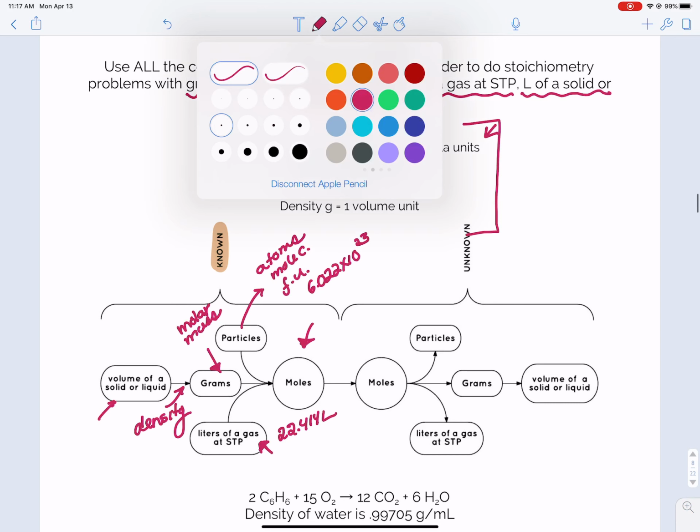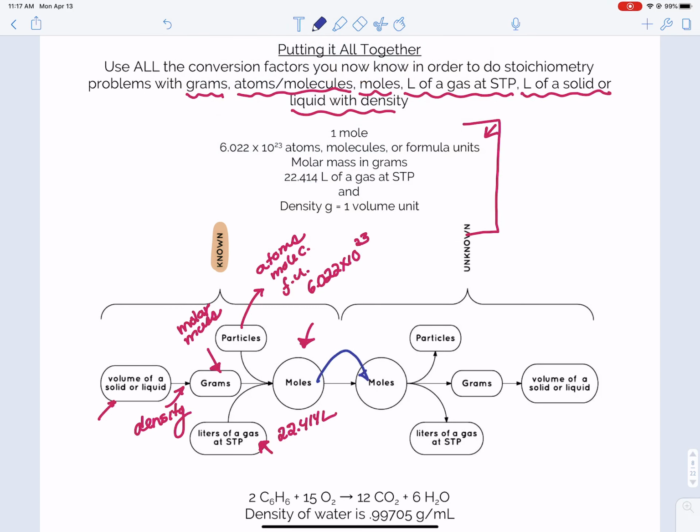Then we know in order to go from moles to moles, this is where you use the balanced chemical equation. That's what BCE stands for. You're going to use the coefficients from the balanced chemical equation. And then just the same the other way, if the question asks for, right, your unknown is what the question is asking.